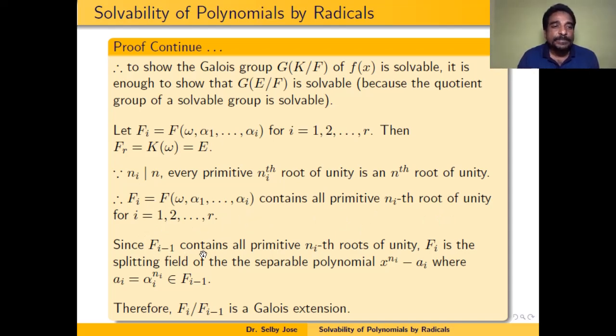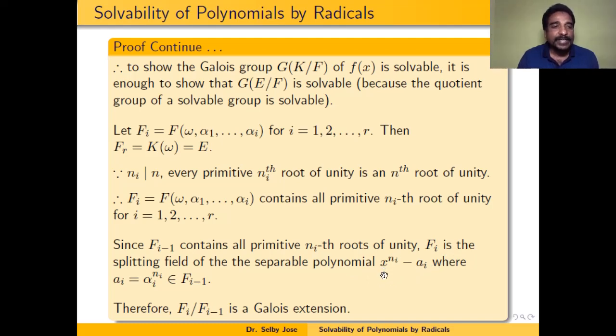So because F_{i-1} contains all nth roots of unity, F_i is the splitting field of the separable polynomial x raised to n_i minus a_i. What is a_i? a_i is alpha_i raised to n_i. But alpha_i raised to n_i belongs to F_{i-1}, so it is a polynomial over F_{i-1}.